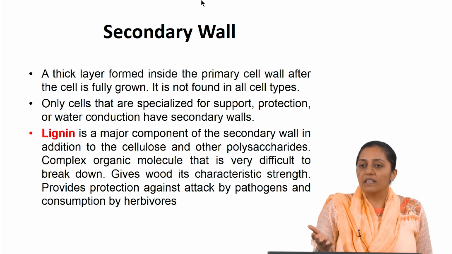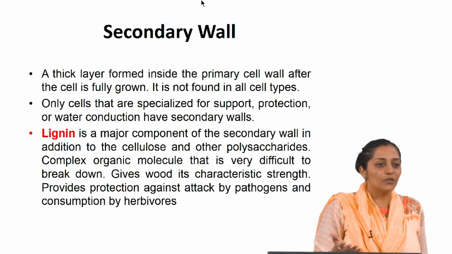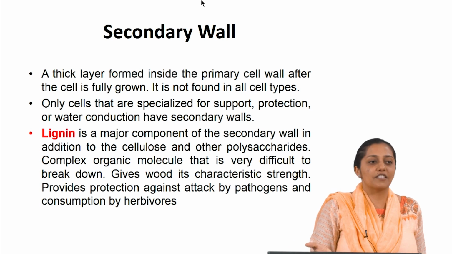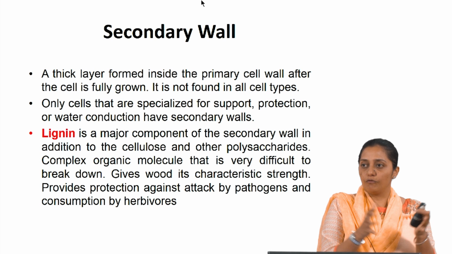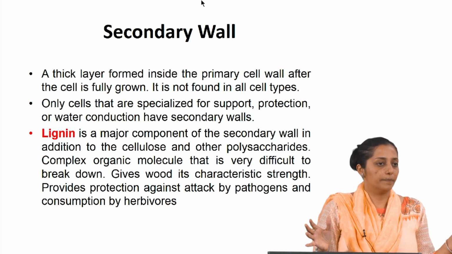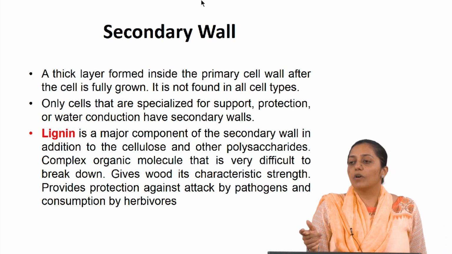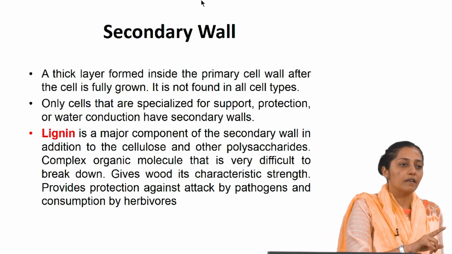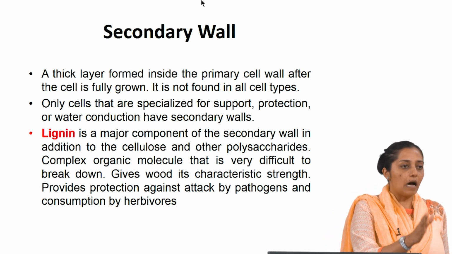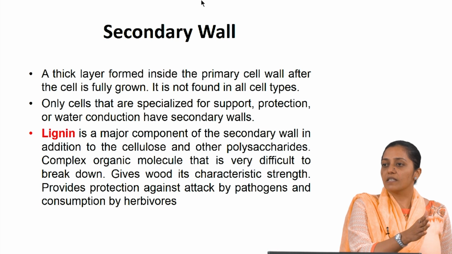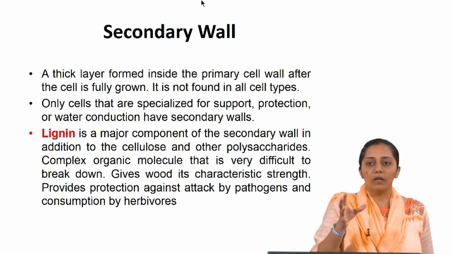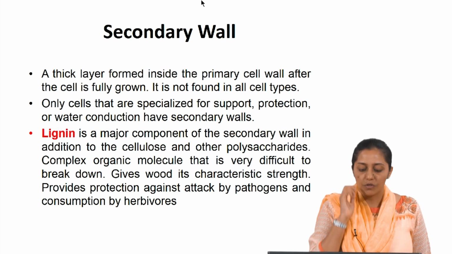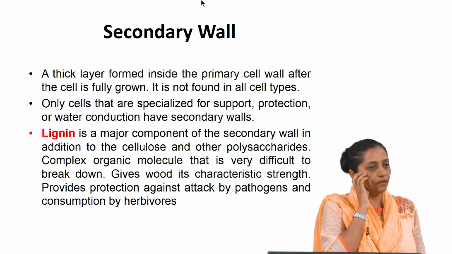Precisely because it is hard to degrade, its purpose in nature must have been to protect and support the full-grown plant. So this secondary wall structure appears in cells which are already matured, where the specialized function is not growth but to protect the cell. Then the secondary wall structure appears. So its major function is to protect the plant cell.